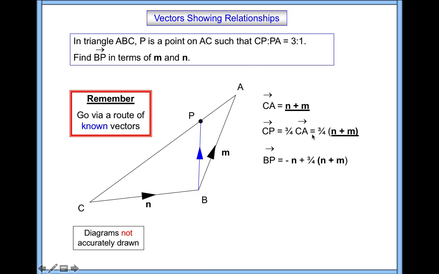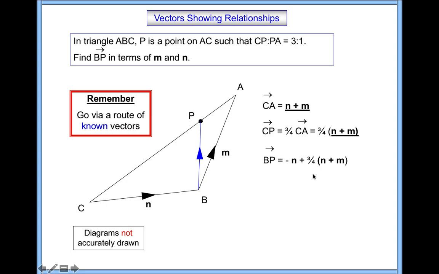What is 3/4 of vector CA? 3/4 of vector CA only is vector CP. So in other words, vector BP is going to be vector BC plus vector CP. Vector CP you already found out here. So negative n plus 3/4 of CA, that is n plus m. CA is n plus m.